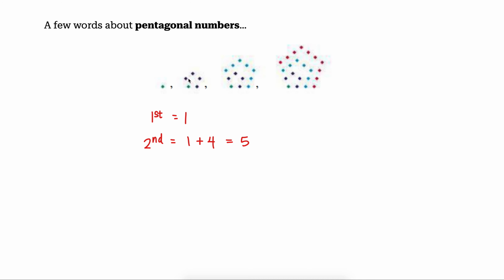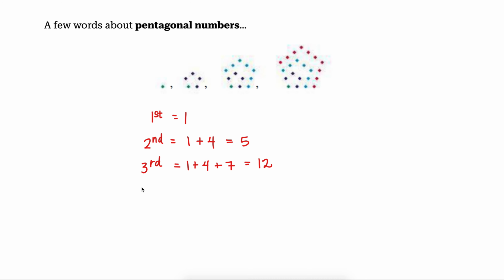Moving to our third pentagonal number, I have 1 plus 4, and then when we add out here, we get plus 7. So 1 plus 4 plus 7 gives a total of 12.